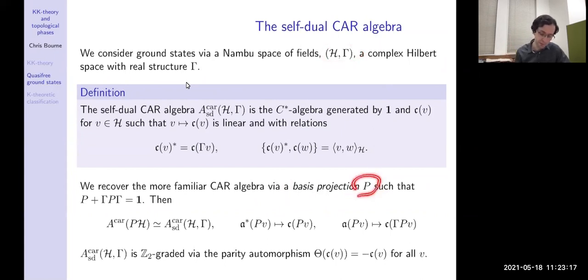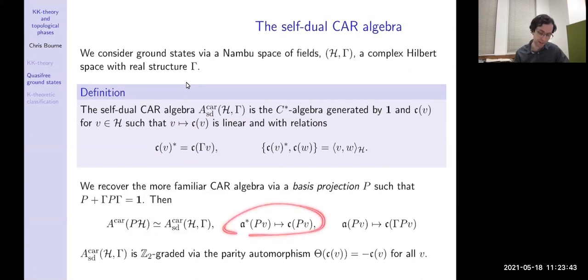So if I have a projection P which satisfies this property, P plus gamma P gamma gives me the identity, then when I restrict these operations to just half of this space, PH, you'll see that the usual CAR relations reappear.